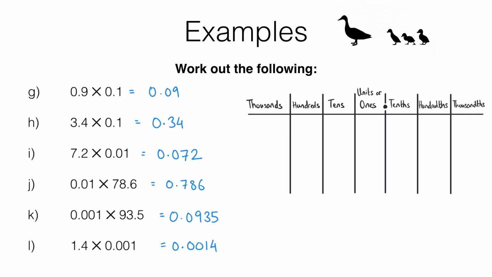If you got any wrong, I strongly recommend that you check your work by putting the numbers into place value columns like this, and remembering multiplying by 0.1 means dividing by 10, which means moving each digit 1 place value column to the right. Multiplying by 0.01 means moving each digit 2 place value columns to the right, and multiplying a number like this by 0.001 means moving each digit 3 place value columns to the right.